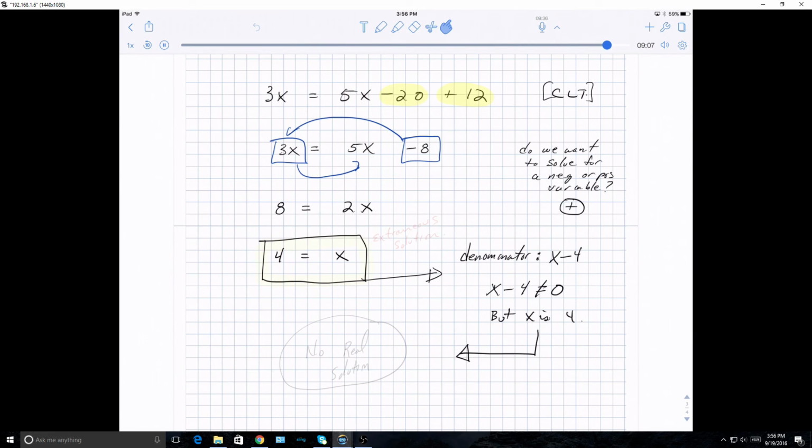That there is no real solution. So what do we call x equals 4? Well, that is what we call an extraneous solution.